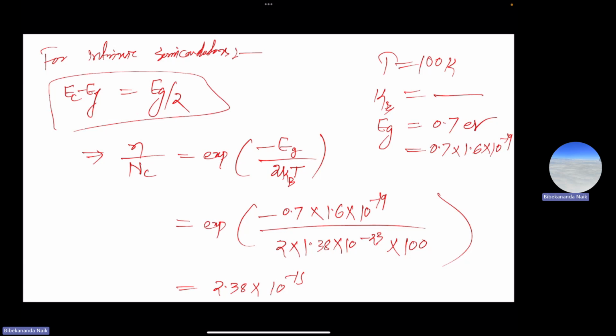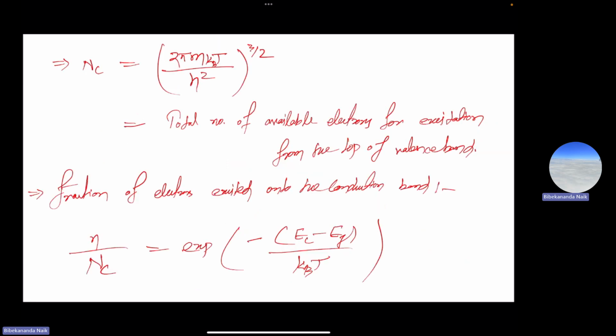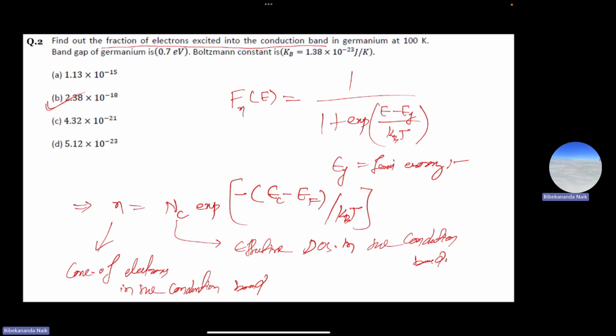So the conductivity of semiconductors lies between the conductivity of conductors and insulators, because there is some band gap between conduction band and valence band, and the fraction of electrons excited from the valence band into the conduction band is very less. So this is the correct answer, and the correct option will be option B, that is 2.38 into 10 to the power minus 18.